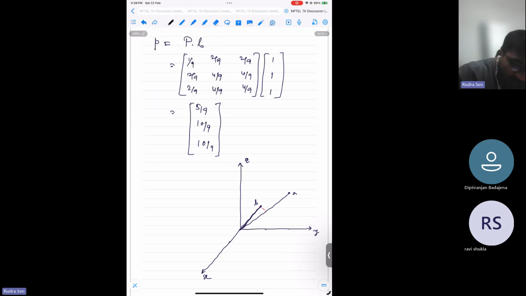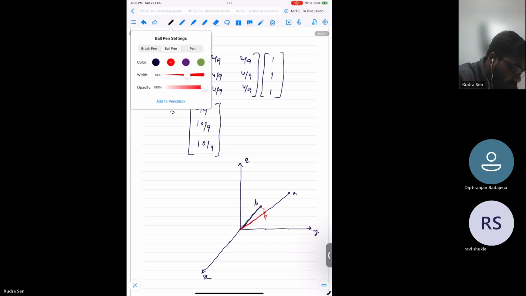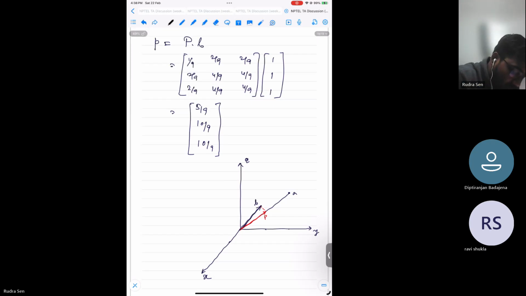So this is basically the small p, and that small p is basically 5 by 9, 10 by 9, 10 by 9. Okay. So up to that point, anyone have any query?